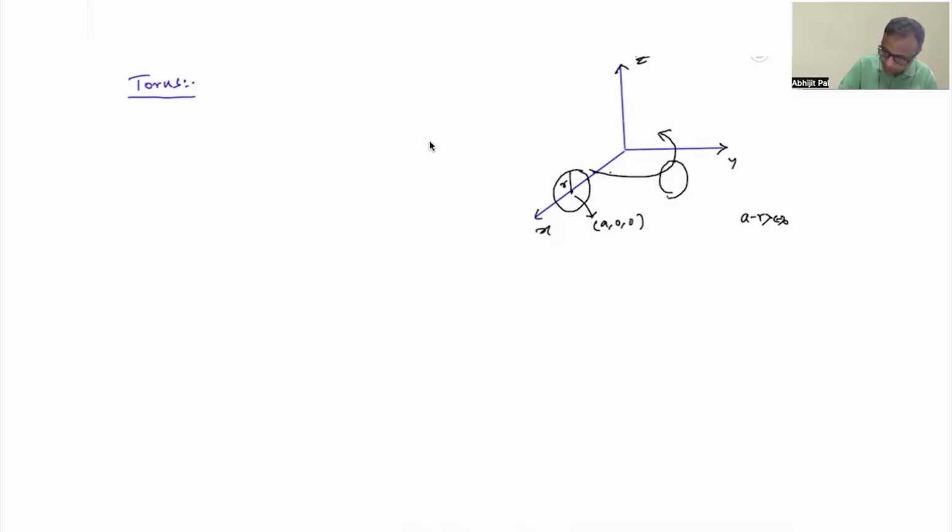This has been rotated like this. That is called your torus, and you will get a picture like this.